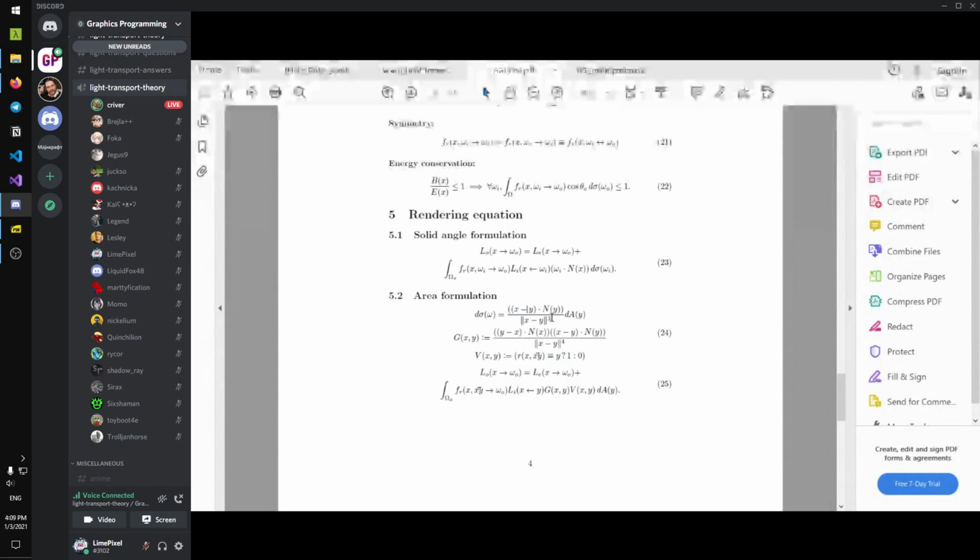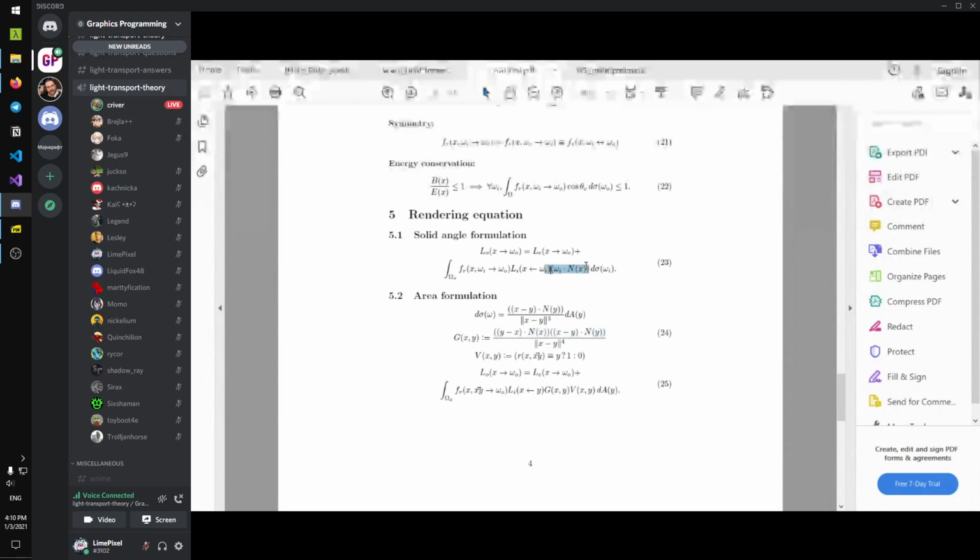So usually in the books this is squared, but you have it to the power of 3 because you want to normalize that. And then you also want to normalize this in the cosine here. So now your omega I is y minus x divided by the length of y minus x, so the normalized vector, right? And in your implementation, really, it will look like this.